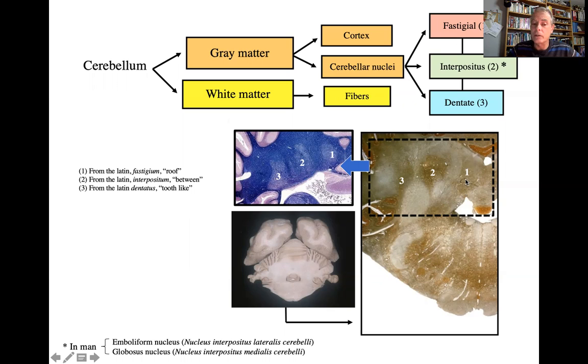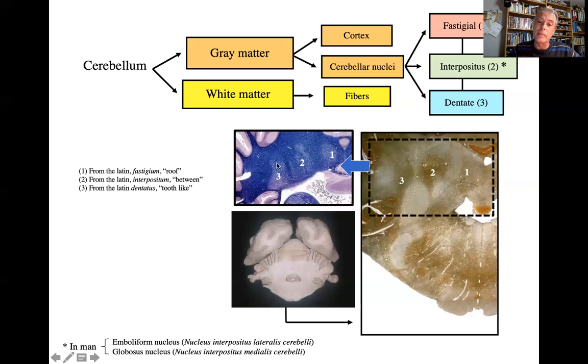This is why it is called fastigial, meaning roof. Then we have the interpositus, here, that means in between. In man, it is divided into emboliform nucleus and globose nucleus. And then we have number 3, the dentate nucleus, meaning tooth-like, right? So as you see, these nuclei are very close to the ventricle, okay?